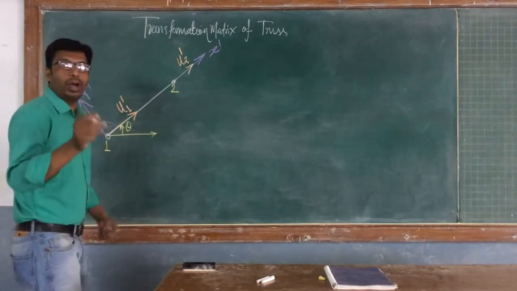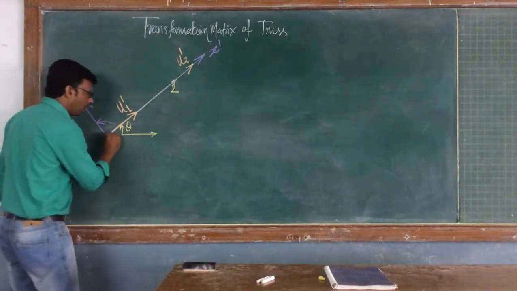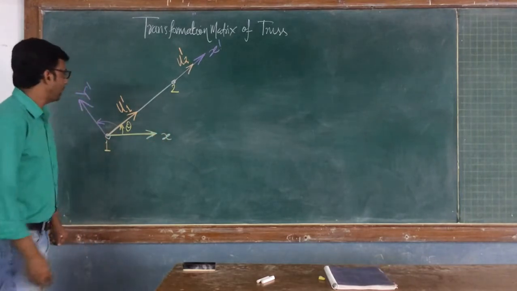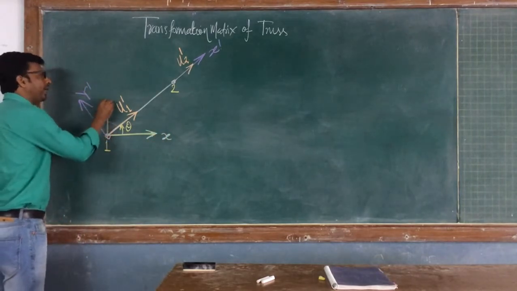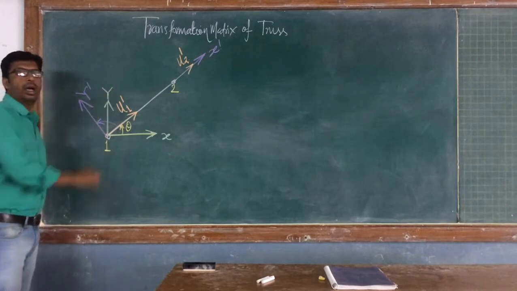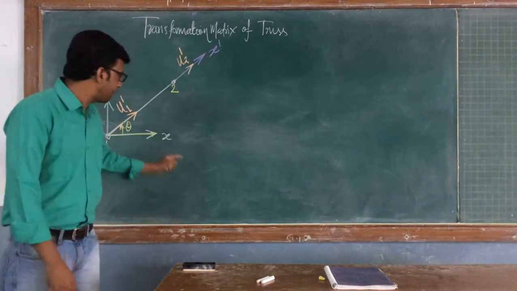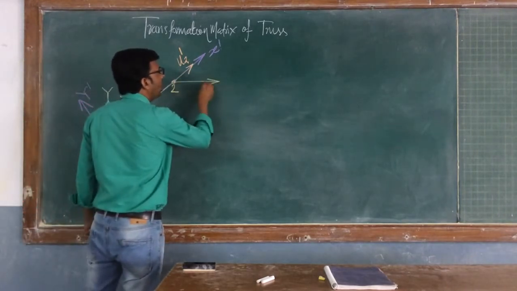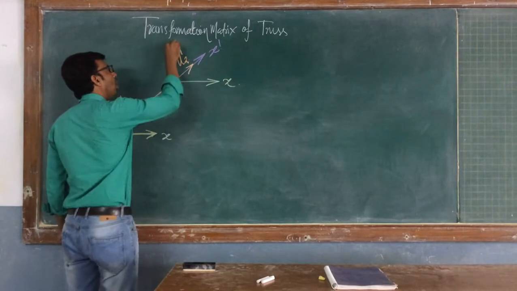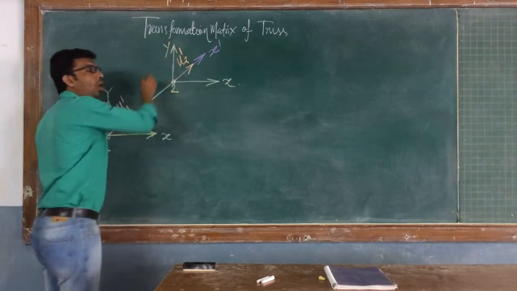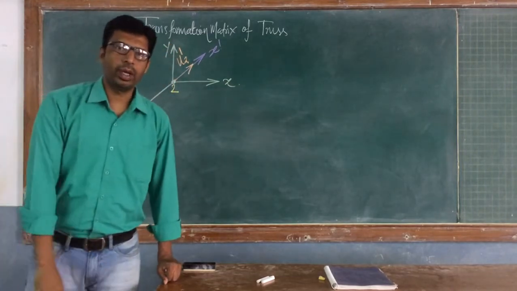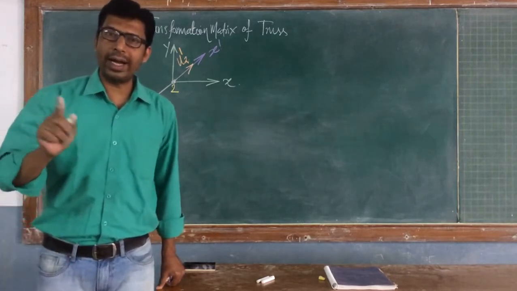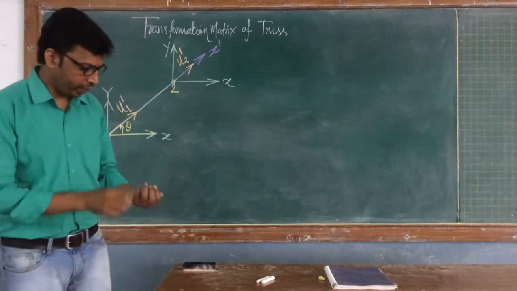So in the global coordinate system, the horizontal axis is x and the vertical axis is y. Horizontal is x and vertical is y. Similarly here, horizontal is x, vertical y. So only x, y are the global coordinates, x dash, y dash are local coordinates.